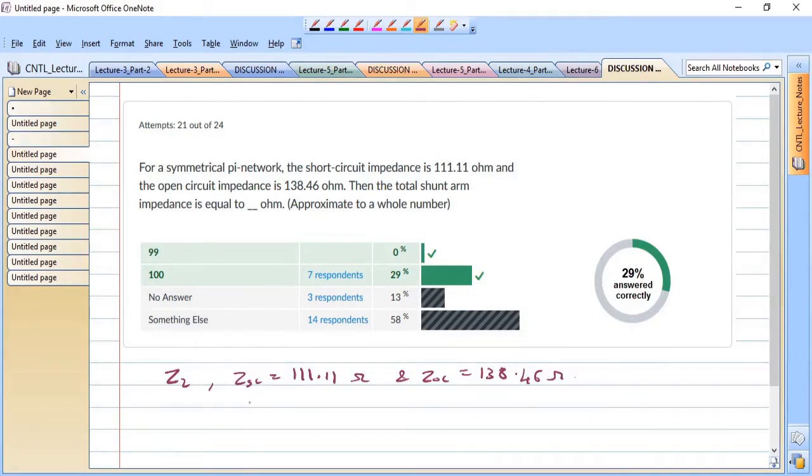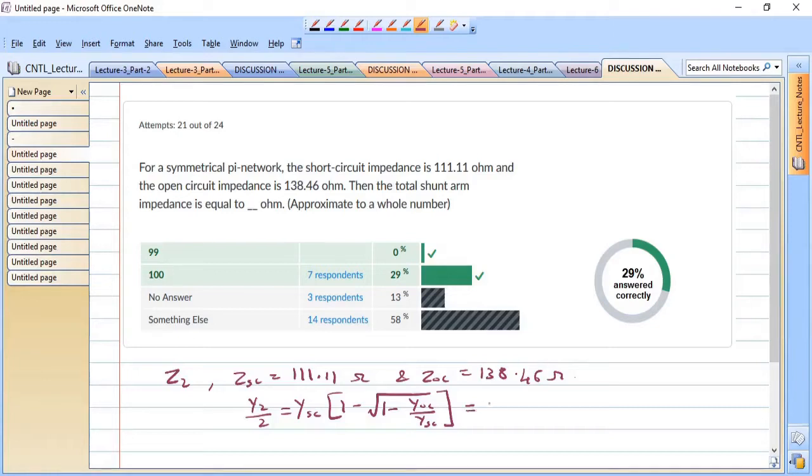Now we have derived the expression that Y2 by 2 is equal to YSC into 1 minus root of 1 minus YOC by YSC. Again, YSC is actually 1 by ZSC, and YOC is 1 by ZOC.